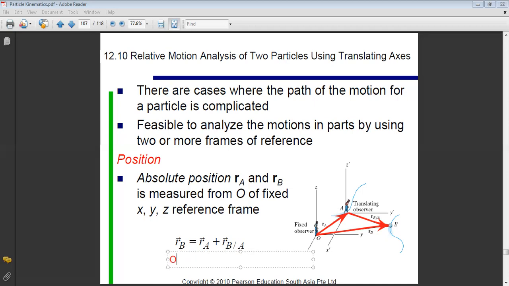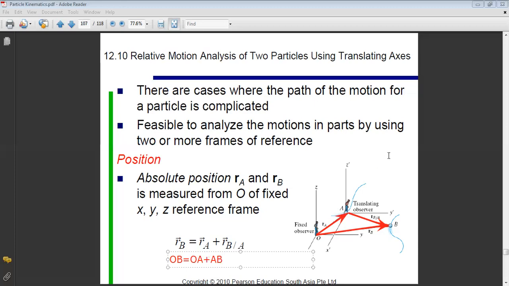So RB equals RA, the position vector of A with respect to the fixed frame, which is OA, plus RB relative to A, which is vector AB. It represents the position of B relative not to the fixed frame, but to the translating frame.